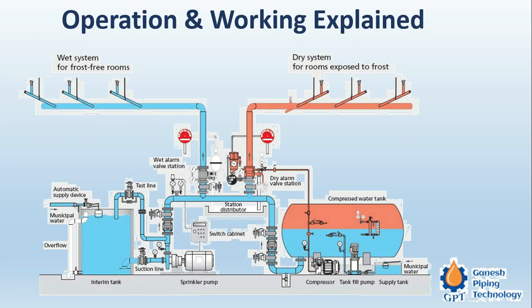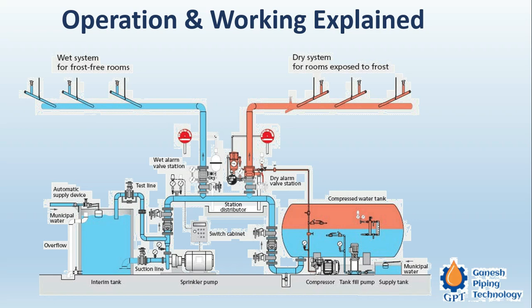With the dry system, the problem is that since it uses gas, the piping should be leak proof. Otherwise, if there is a minor leakage, there will be a pressure drop, and because of the pressure drop, there will be an unnecessary alarm, and then the water valve will operate, and the water will occupy the pipe.